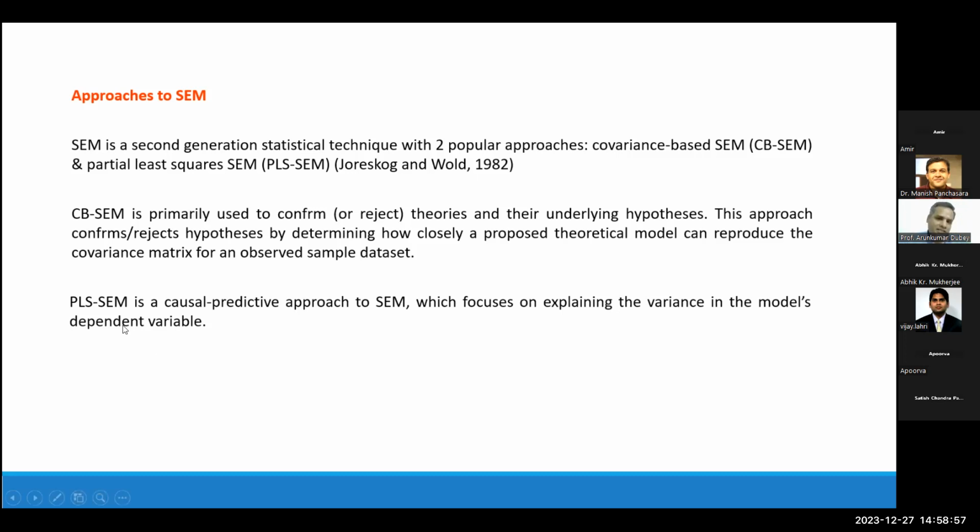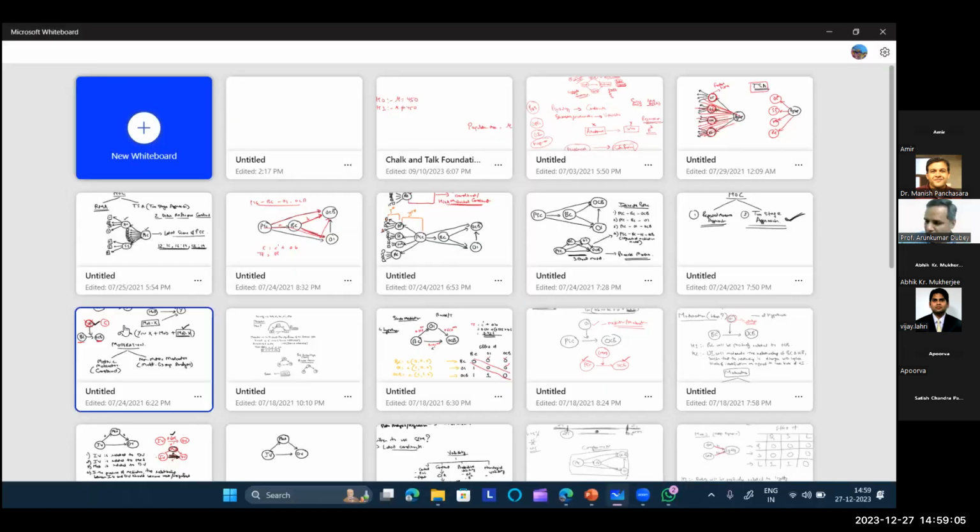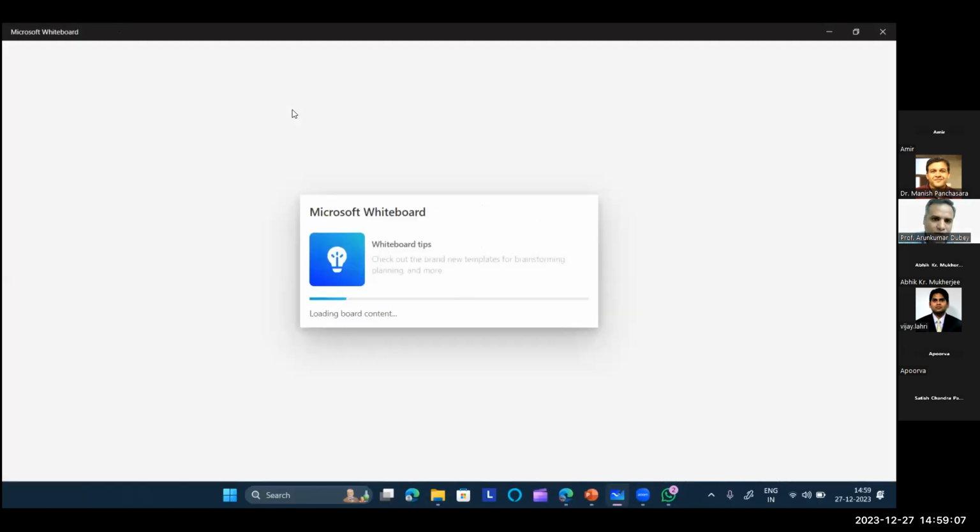So what is PLS-SEM? It is known by different names. Let me use my Microsoft whiteboard so that my session becomes a dialogue.